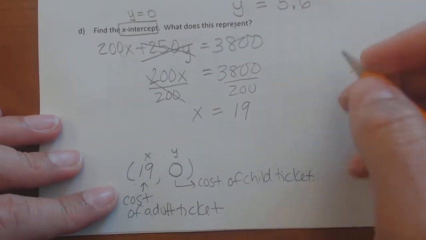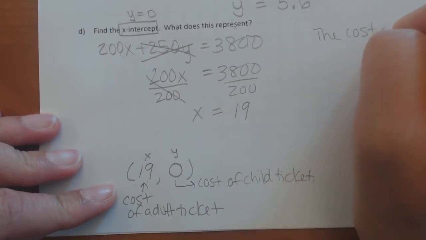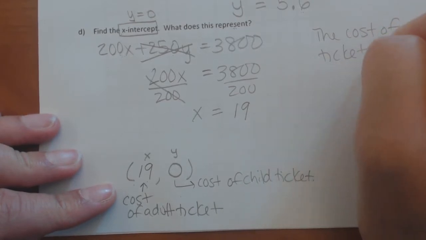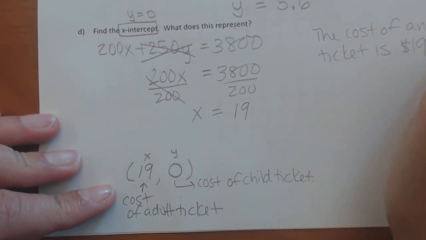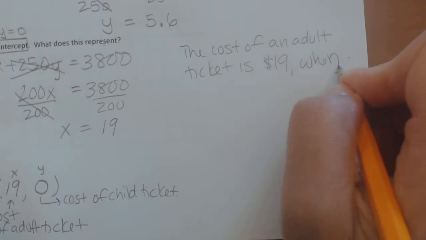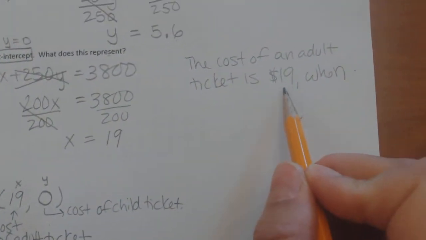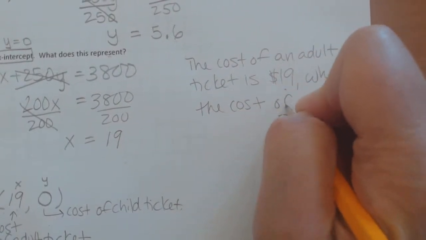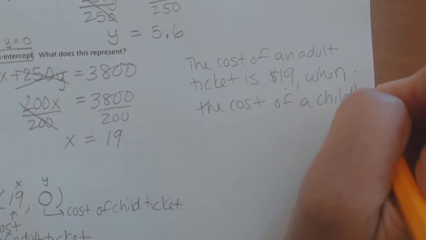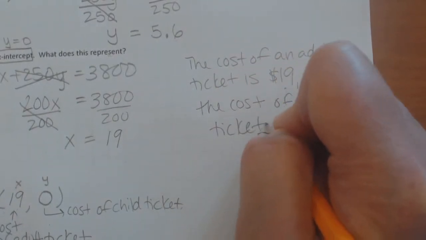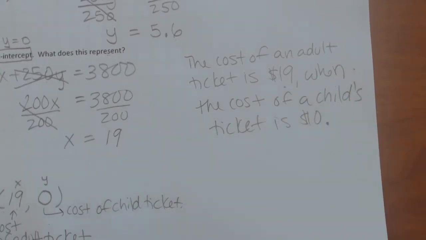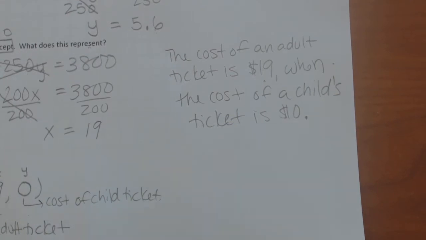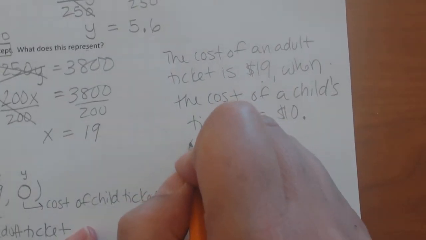So my sentence is going to start with the cost of an adult ticket is $19 when, and I got the 19 from here, cost of an adult ticket is $19 when the cost of a child's ticket is $0. So when children are free, adults are going to have to pay $19. I love that sentence, so let's write it.